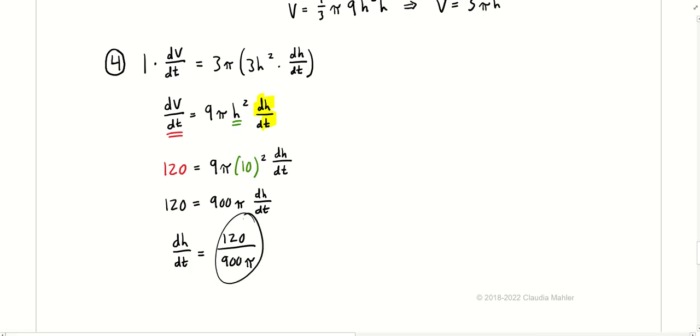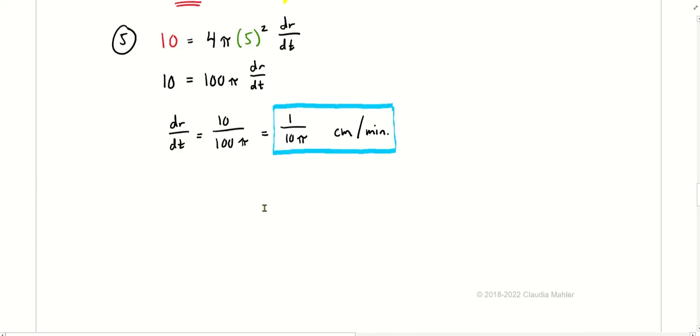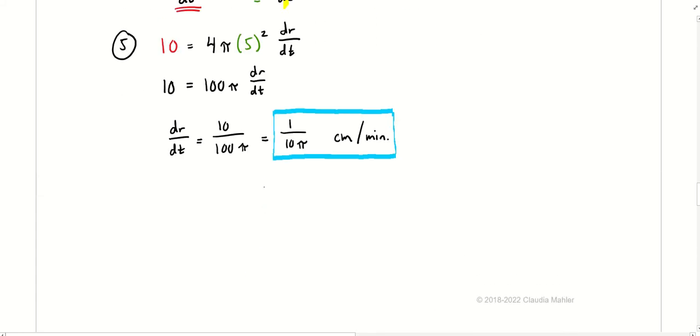Now, of course, you can simplify this if you want to. I'm just going to write it. I should have done that up here too. I'll write this as well. Just approximately, like, what's the decimal value of this? 1 divided by 10 pi is approximately 0.03181 centimeters per minute, just to show you what it is in decimals, just because I think it's a little bit easier to see what the quantity is with decimals.